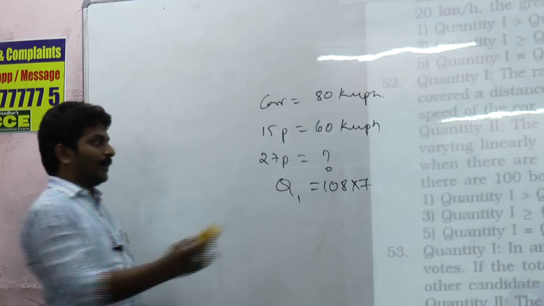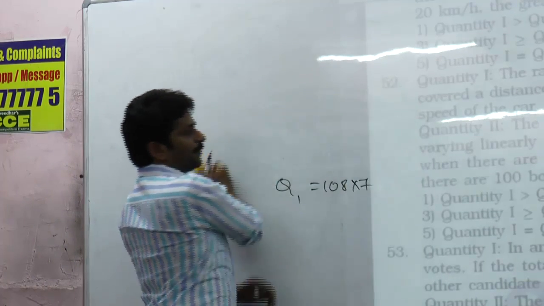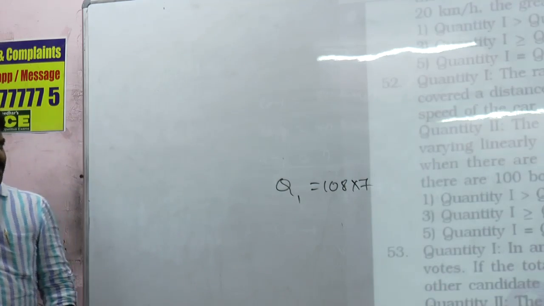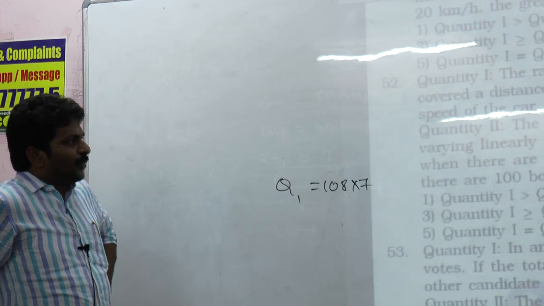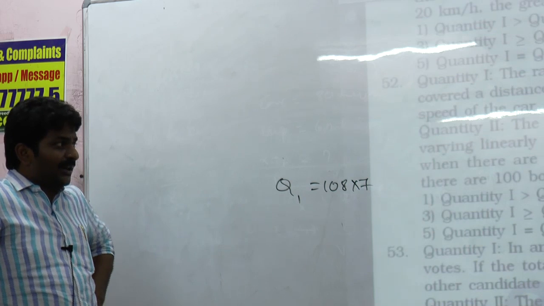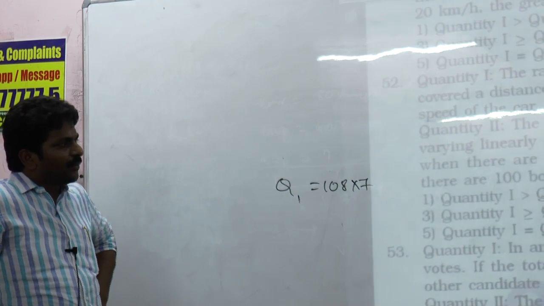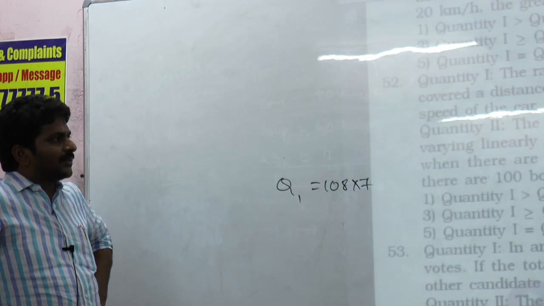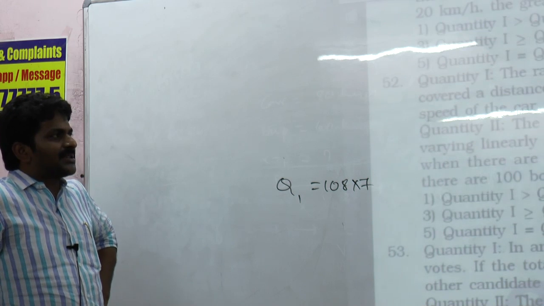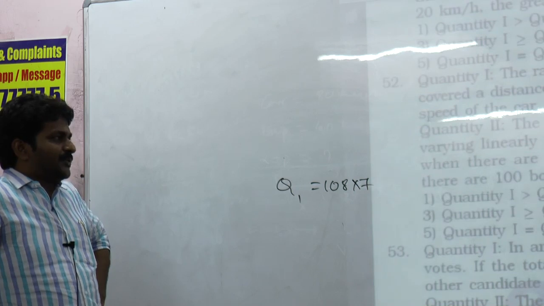Next, let me calculate quantity 2. The total expenses of a boarding house are partially fixed and partially vary inversely linearly with the number of, number of something. When there are 25 boarders and 600 rupees when there are 50 boarders.